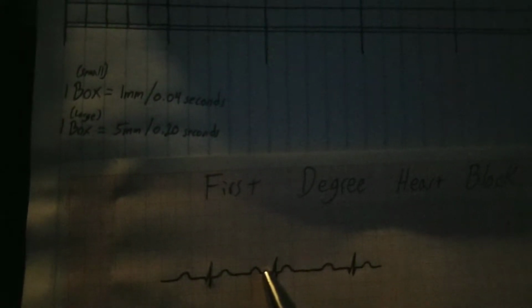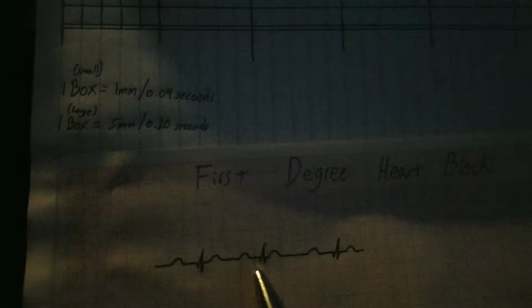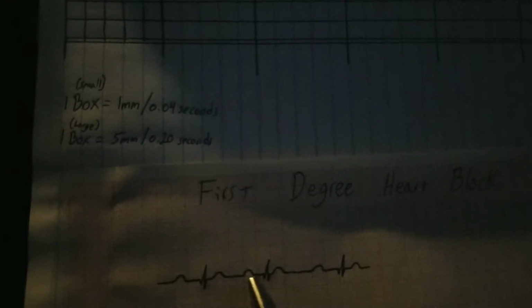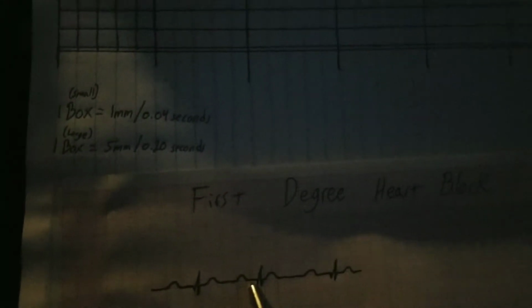The next line here at the 0.20 mark is where the cutoff is for a first degree heart block. So anything with a PR interval greater than 0.2 seconds, in this case here, is a first degree heart block. And you can see that maintains all the way out through here. That there's more than 0.2 seconds. And I do apologize, that's not regular. That was my hand drawing it.